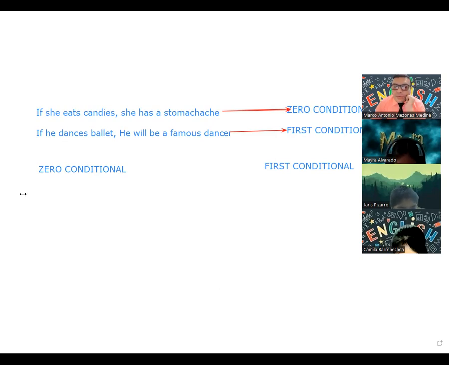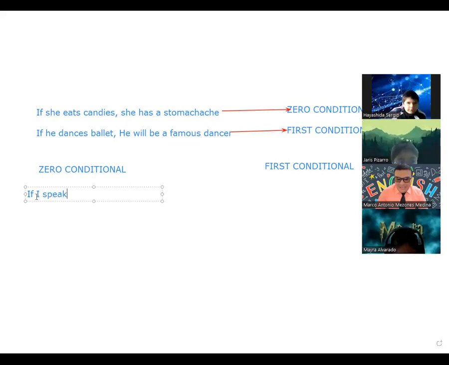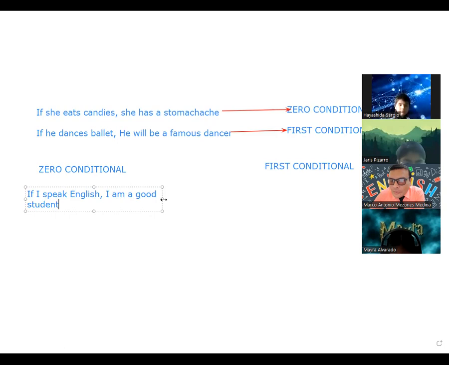Okay, I'm going to give you one example, okay? Think of your own examples. Listen, for example, I say, if I speak English, I am a good student. Is the sentence okay? Yes, it's okay because both sentences are in simple present. If I speak English, I am a good student.